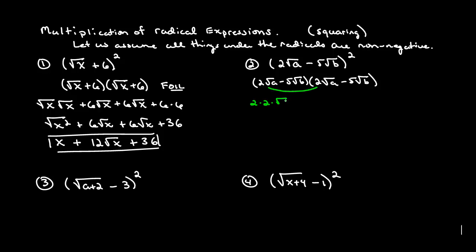So using our FOILing method, we have 2 times the square root of a times the square root of a. Then we'll do the outer terms together. And we've got negative 2 times 5 times the square root of a times the square root of b.